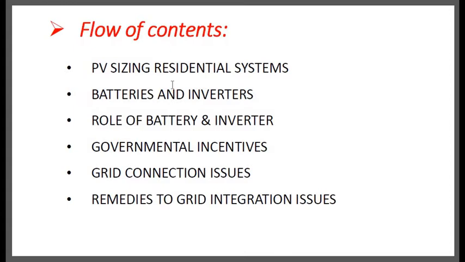First one is PV sizing for residential systems, then batteries and inverters, then the role of battery and inverter for solar PV applications, then governmental incentives for solar energy use. Next one is grid connection issues during solar energy use. Now remedies for the grid integration issues or grid connection issues.